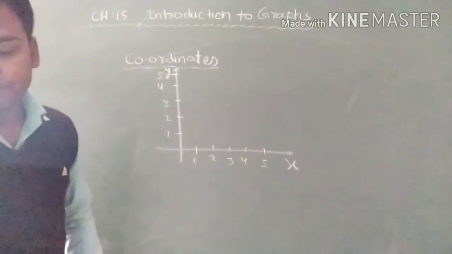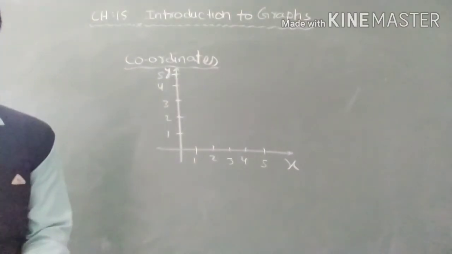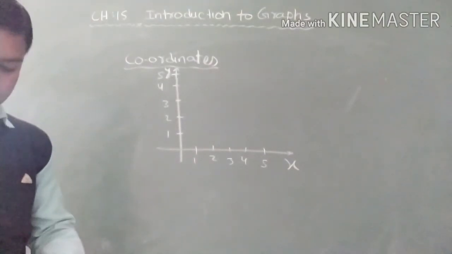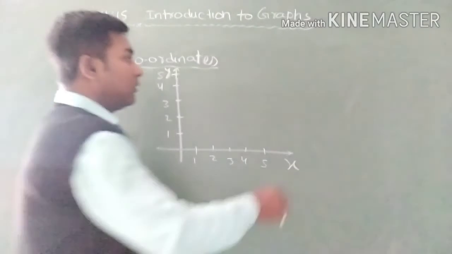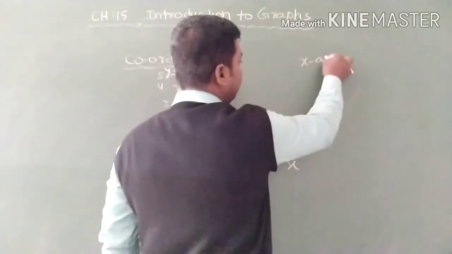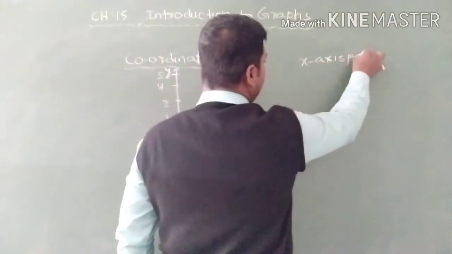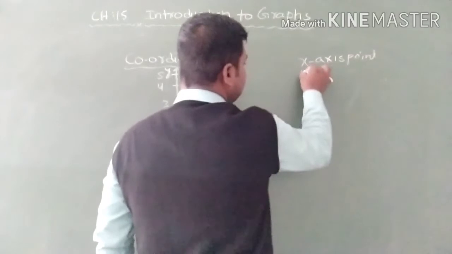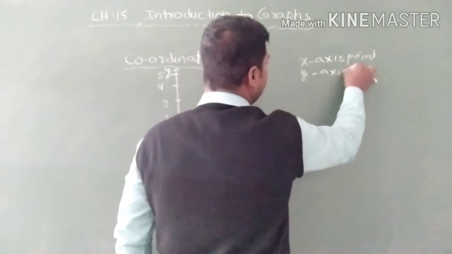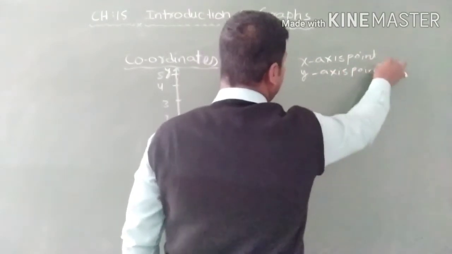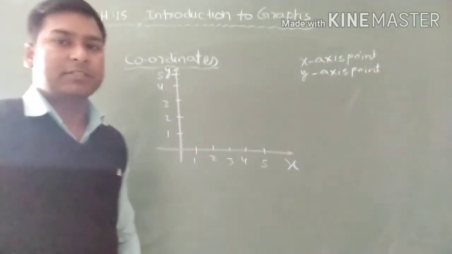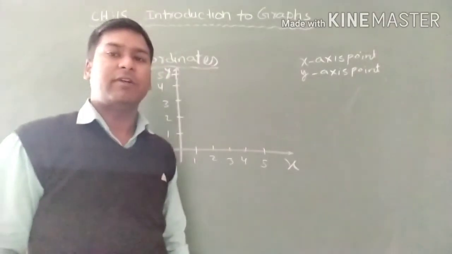Now x-axis points are there and y-axis points are there. Okay. There must be 2 points, an x-axis point and a y-axis point.